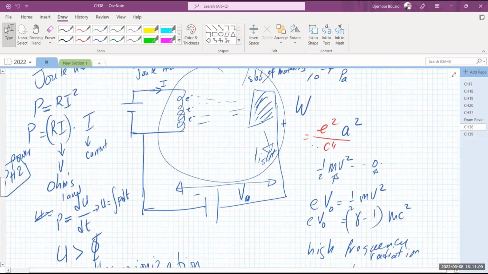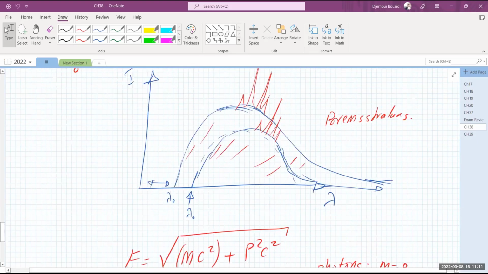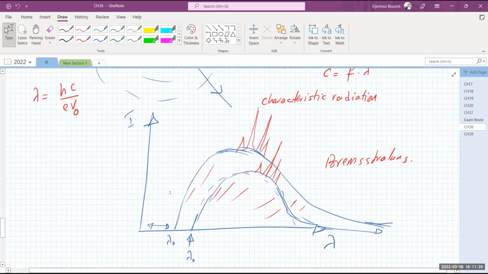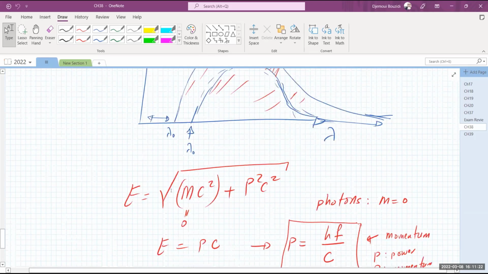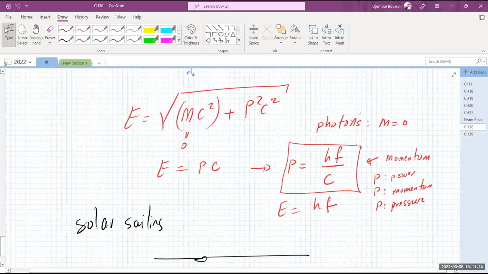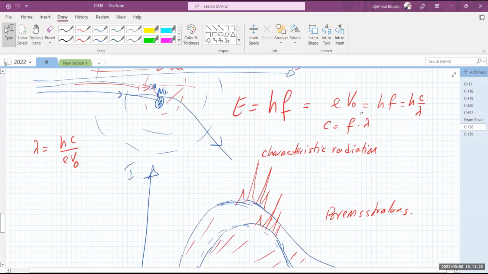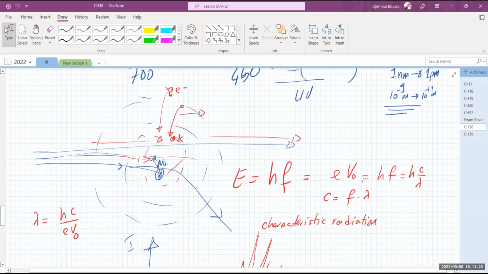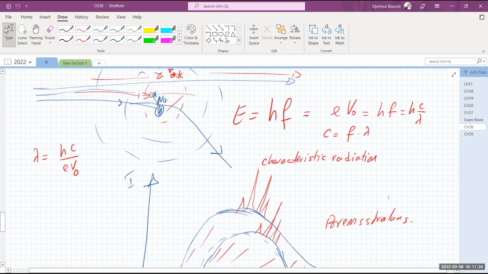What happened in the experimental observations is that there is a cutoff wavelength, a cutoff frequency. So we needed to explain that. And again, that has to do with the same relationship we were talking about here, okay? That too could only be explained by the fact that light is a particle with a momentum.